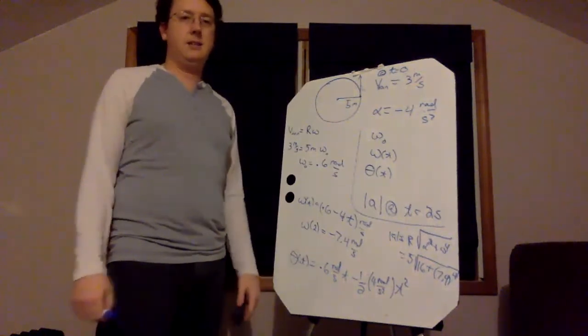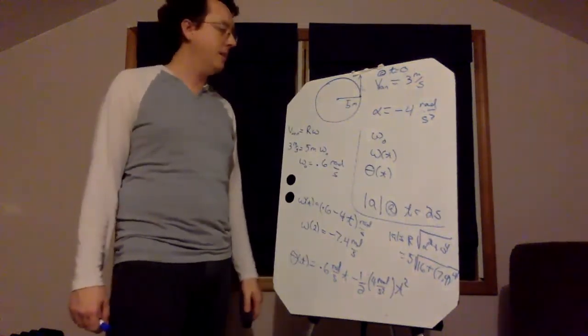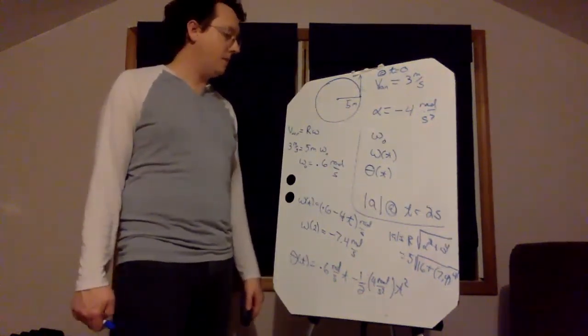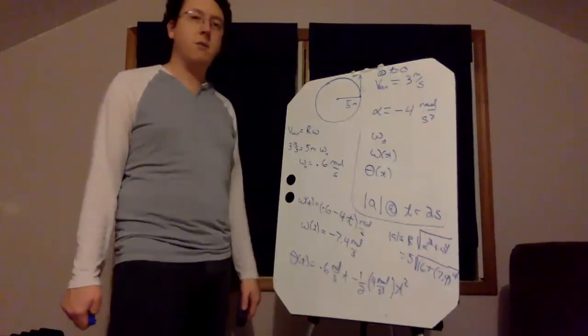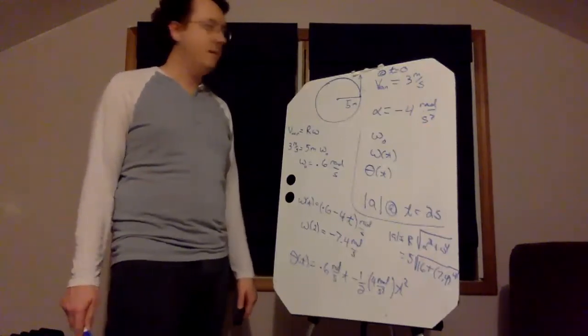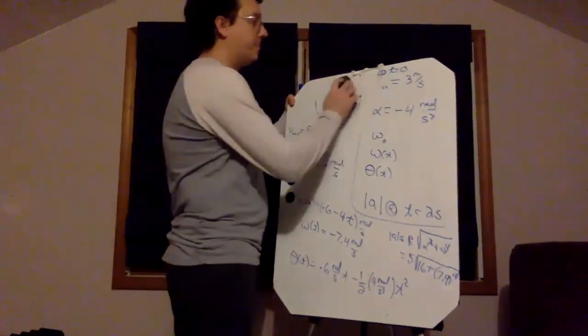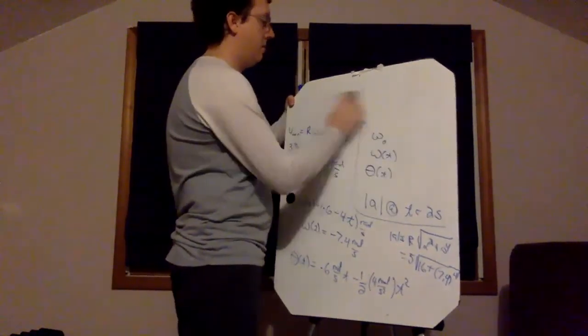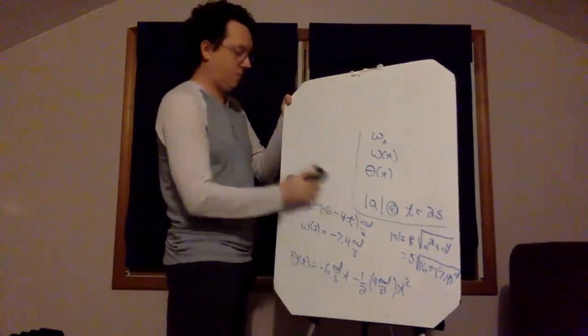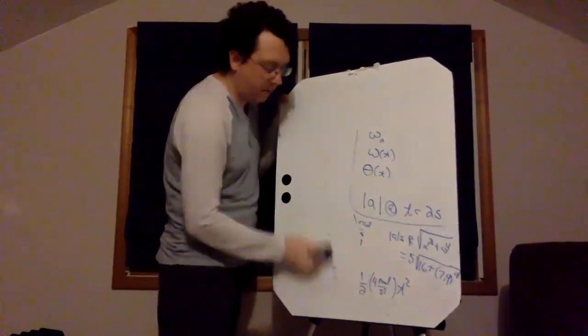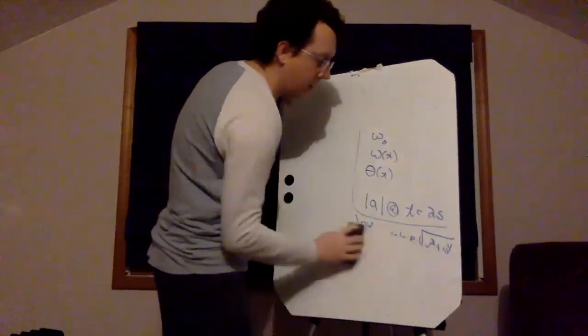Yeah, it's hard to see. So be careful with your minus signs, but the actual equations should all be very familiar to you. All right. So those are rotational kinematic equations, the definitions of rotational quantities.